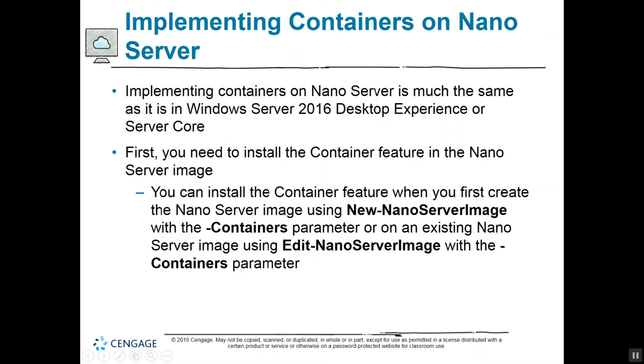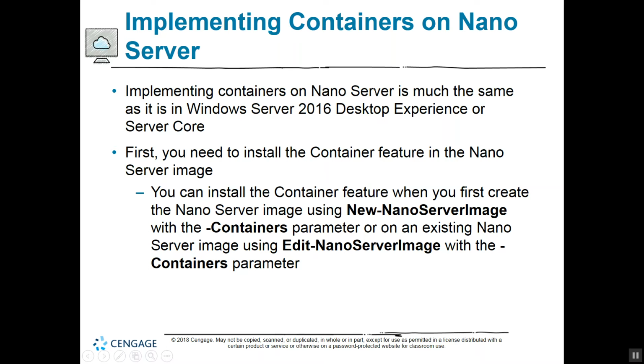Now, if you want to implement containers on a Nano Server, it's much the same as doing it on Windows Server 2016 Desktop Experience or Server Core. You've got to have the container feature in the Nano Server image. You can install the container feature when you first create the Nano Server image using New-NanoServerImage with the -Containers parameter.